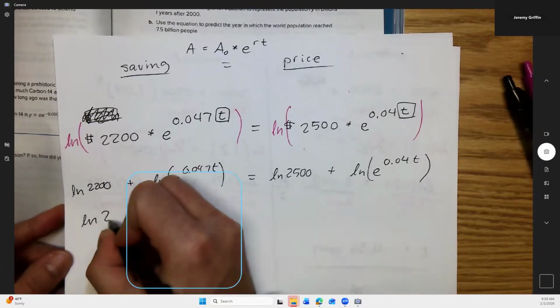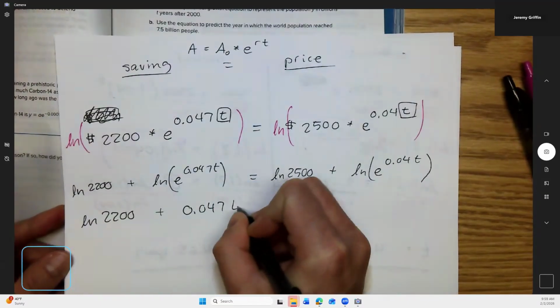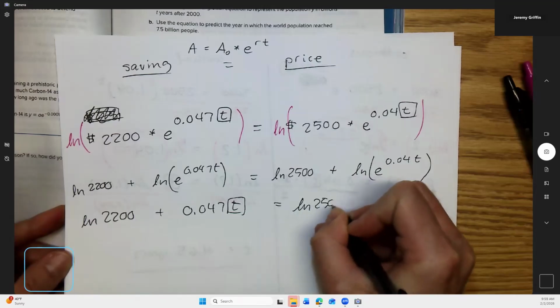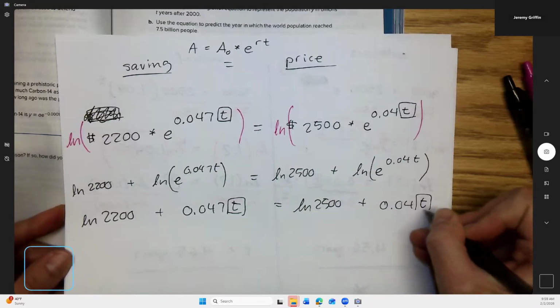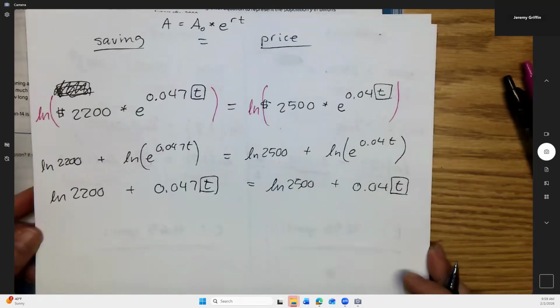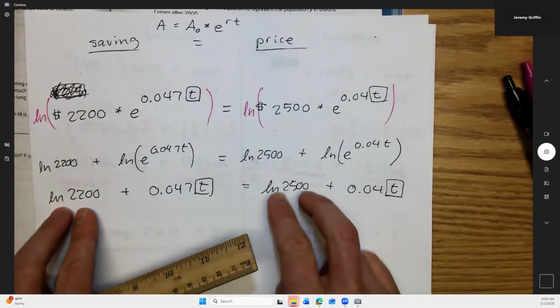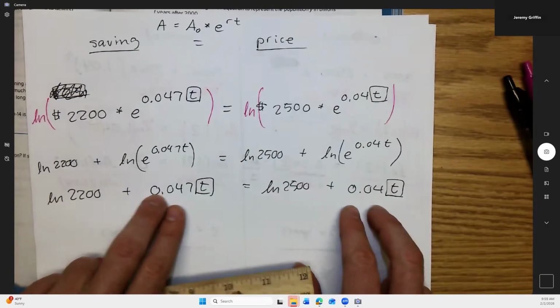So natural log of 2,200 plus 0.047t is equal to natural log of 2,500 plus 0.04t. Okay, like that. Well, these natural logs now are just some number. You can probably get a decimal approximation. I'll get those on one side and the t's on the other side.